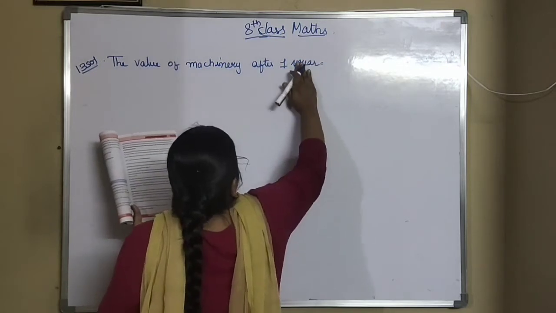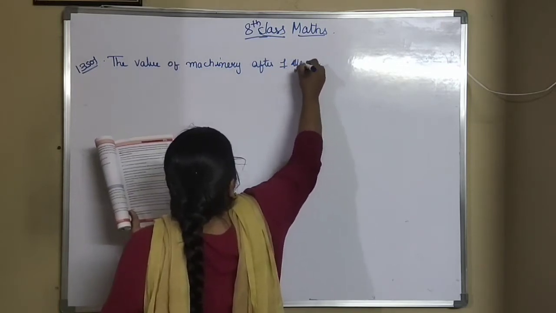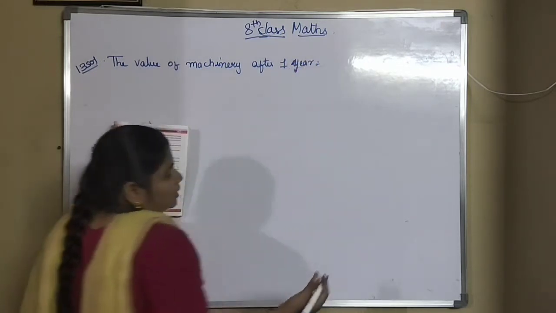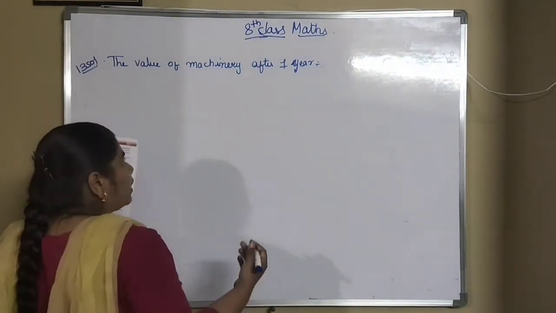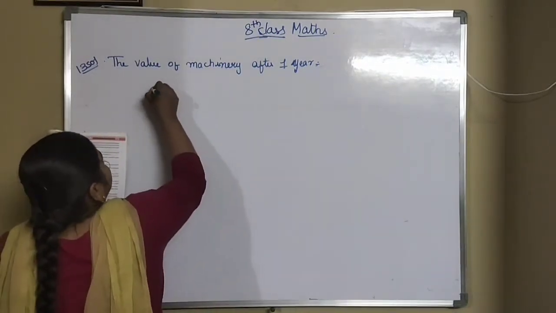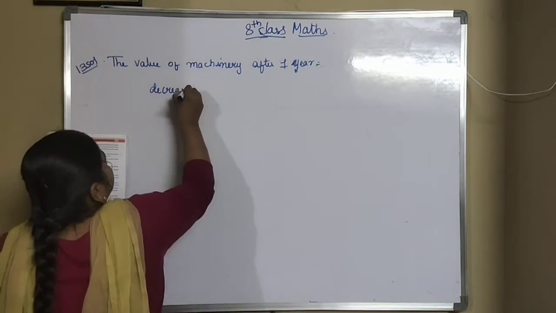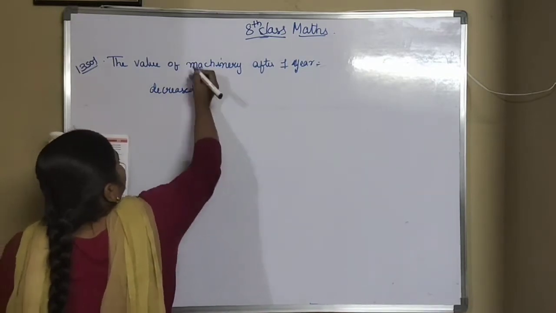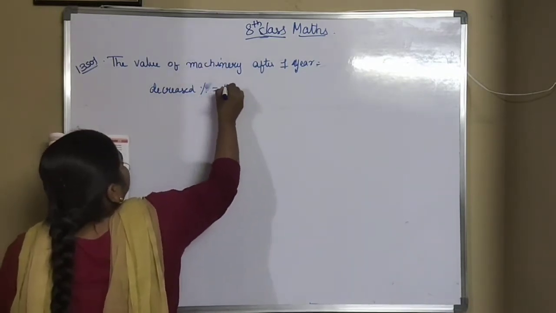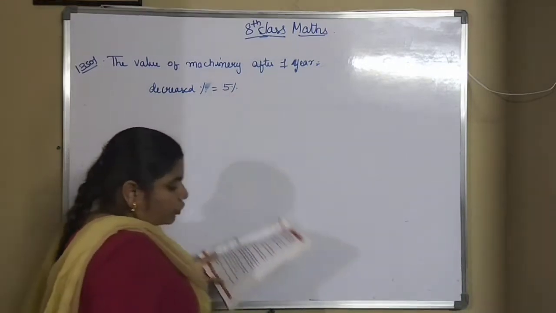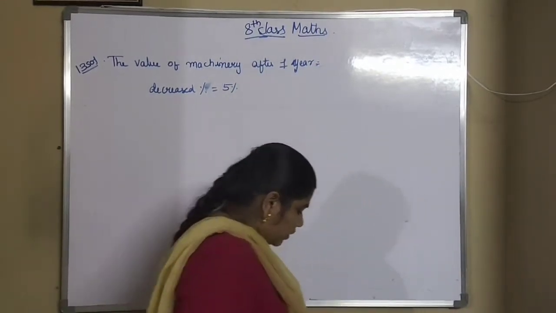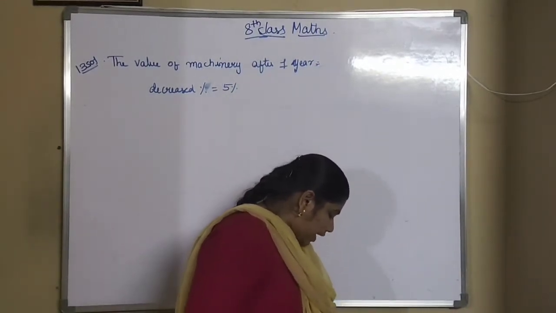We have to find after 1 year what is the cost of this. So how much has it been depreciated? That is by 5%. So what is the decreased percentage here? That is 5%. So we have to find 5% of 10,000.